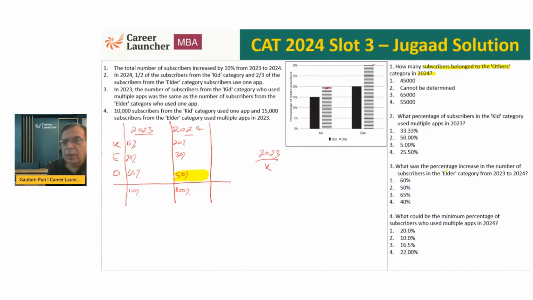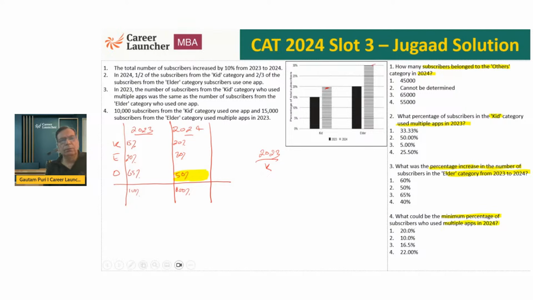Question number 3: percentage increase in the number of subscribers in the elder category. So these two are the ones. Question number 2 is talking about kids using multiple apps in 23. Question number 4 is the minimum percentage of subscribers who use multiple apps in 24.